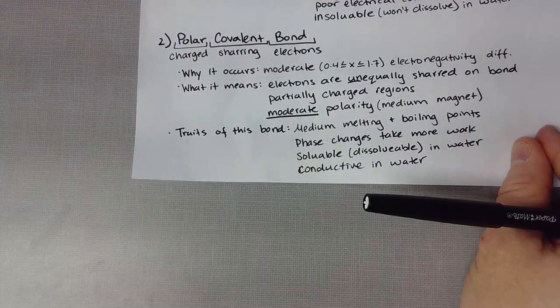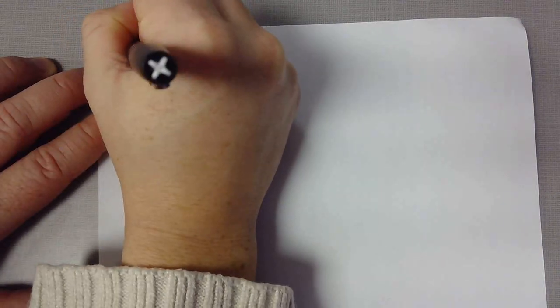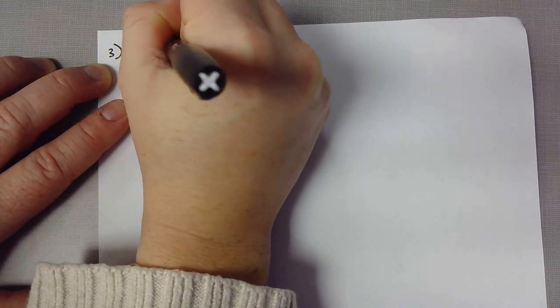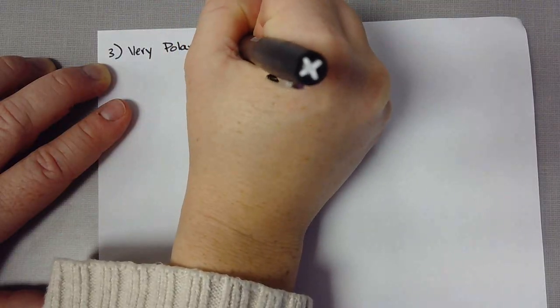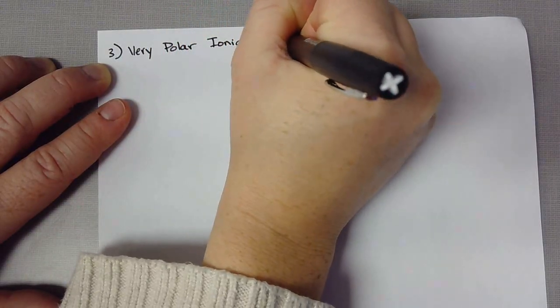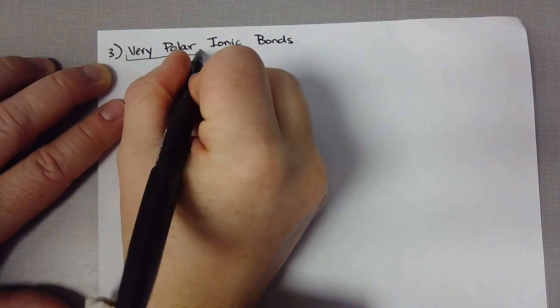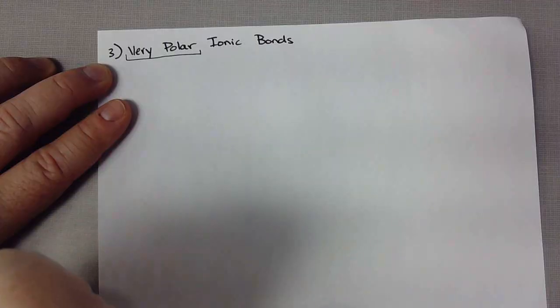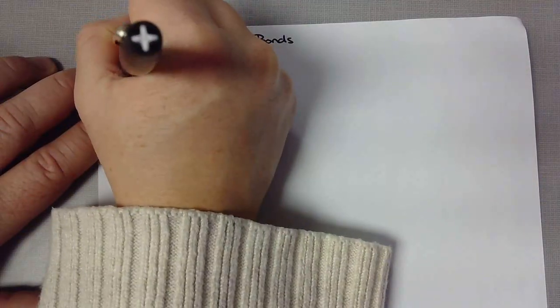For our third and final bond type, we're going to get more extreme again. We're going to look at very polar ionic bonds. Polar, we already talked about, meant charged, so very polar is going to be very or fully charged.